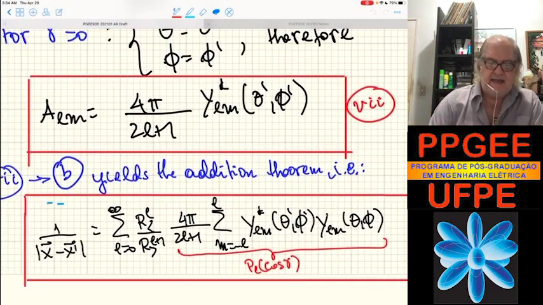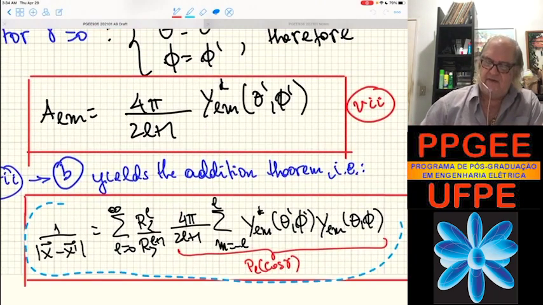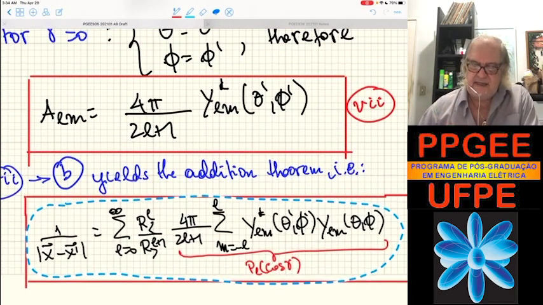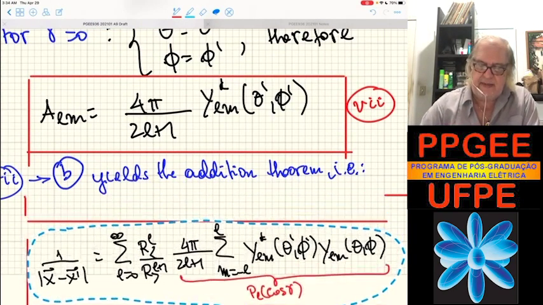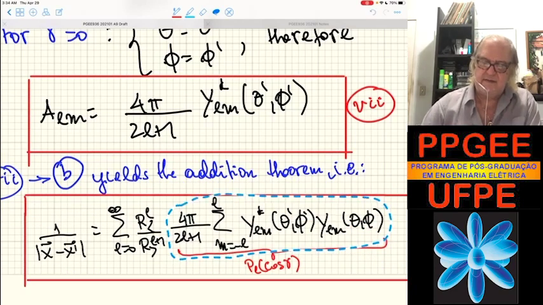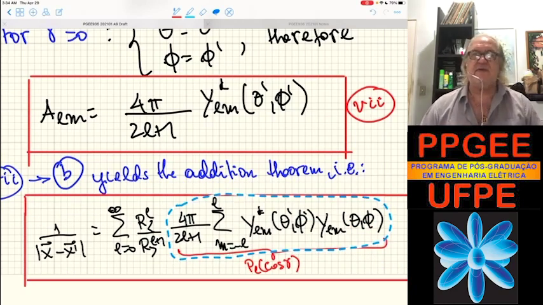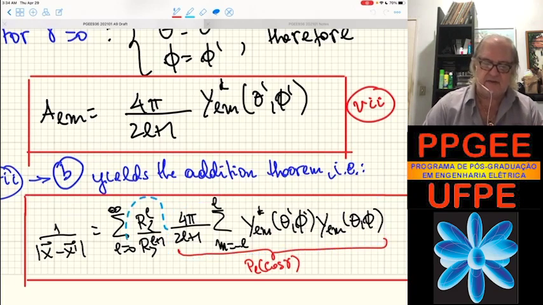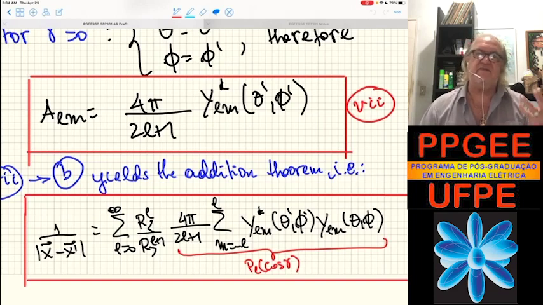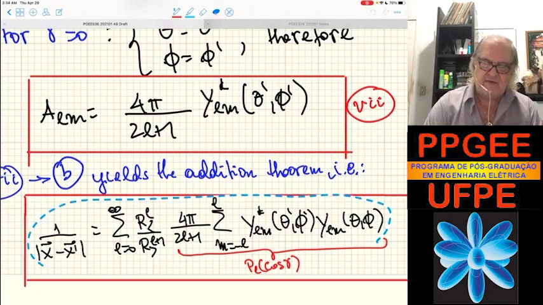This is the addition theorem in final form. Just recalling, this part here is PL of cosine gamma. Before, the expansion in terms of PL of cosine gamma was this factor here times PL of cosine gamma. Now we found a way to expand PL of cosine gamma in terms of the angles subtended by x and x prime. So we have a final result.